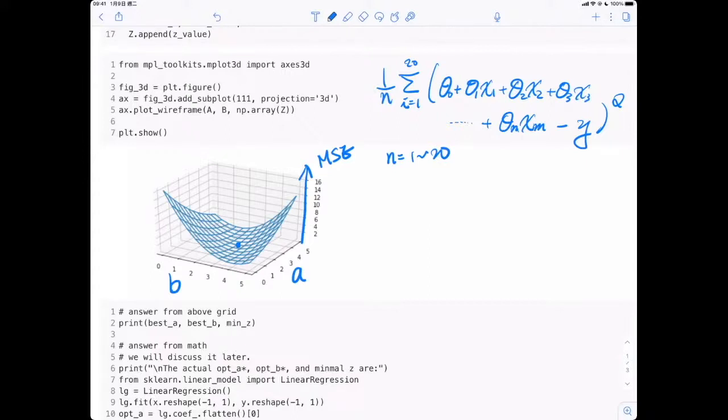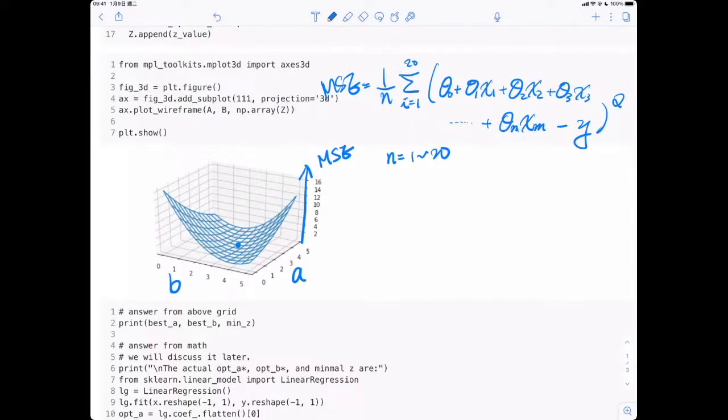You have n plus 1 parameters, just like A star and B star: theta 0, theta 1, theta 2 until theta n, to represent your model minus y. That is your MSE. For example, you have 20 data points, so you need 20 data points to calculate the minimum value of MSE.